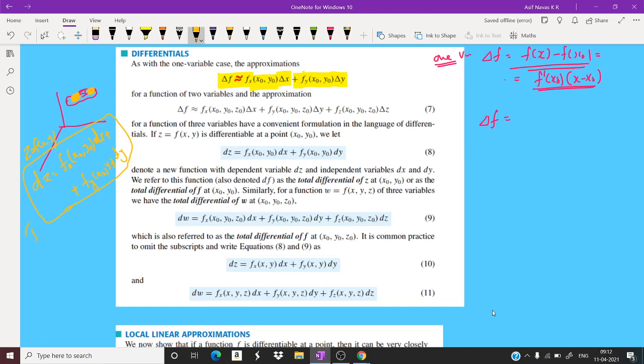This is what we studied in partial derivatives, and this is called the total derivative. So what is delta f? Delta f simply means f of x y minus f of x naught y naught.